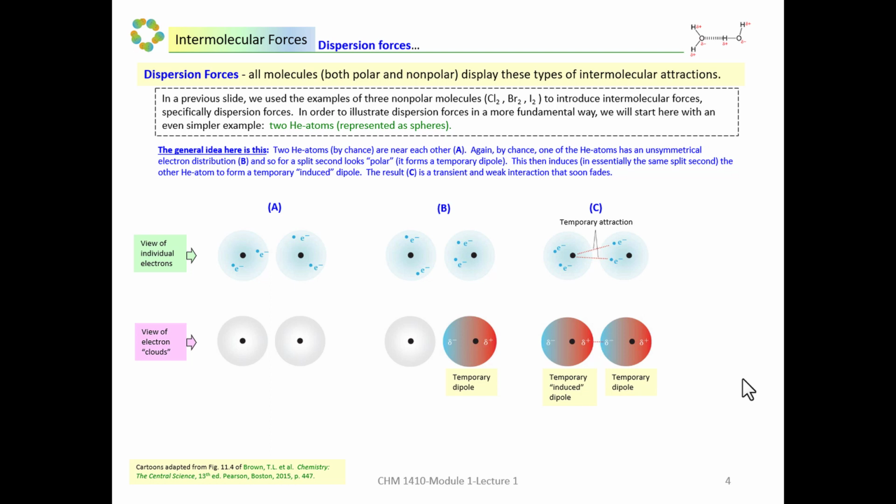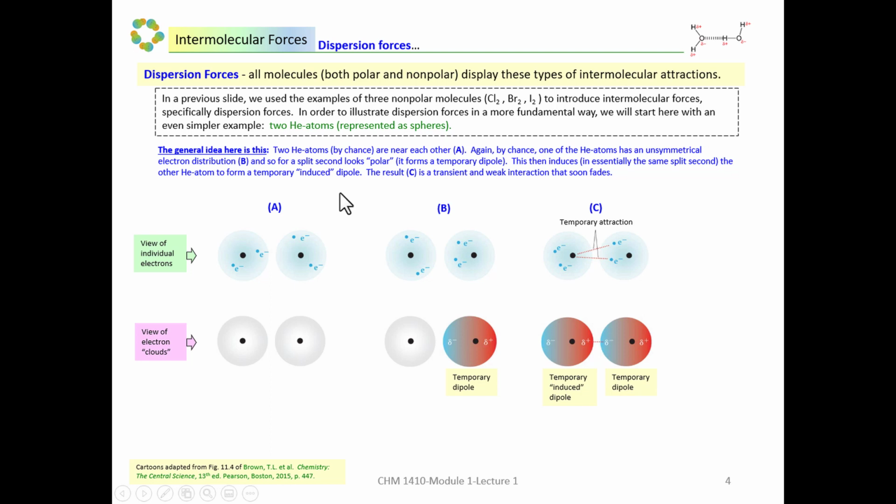Because you might ask, if in a nonpolar molecule like chlorine, bromine, and iodine, there are no partially positive and partially negative ends of those molecules, how would they be attracted to each other at all? So we're going to try to explain how dispersion force could arise. And we'll use two helium atoms as an example. So here's the general idea.